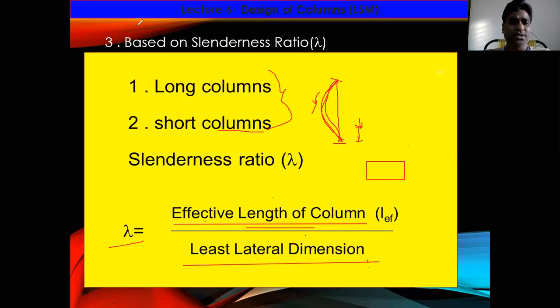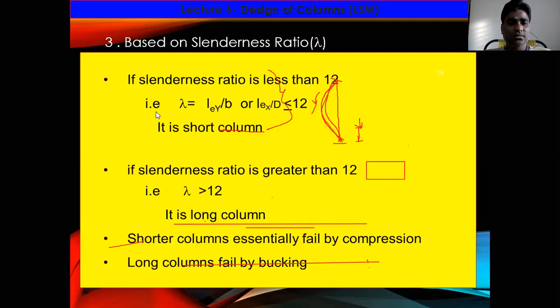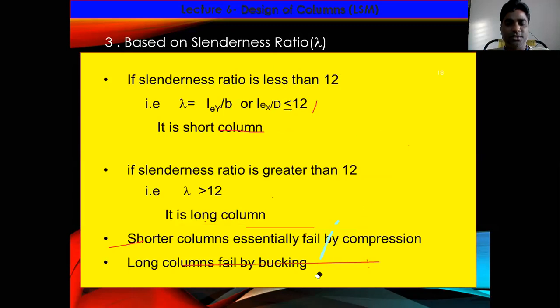Next, coming to the slenderness ratio. If the slenderness ratio is less than 12, that means L effective by least lateral dimension is less than 12, then we can call it a short column.